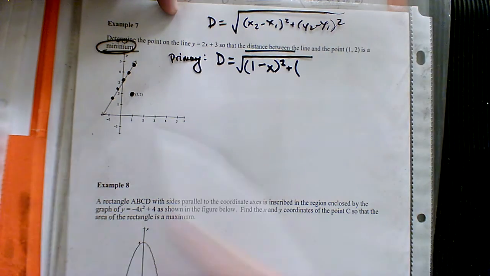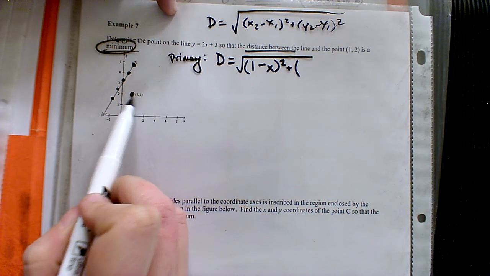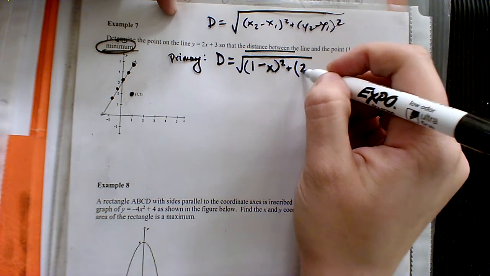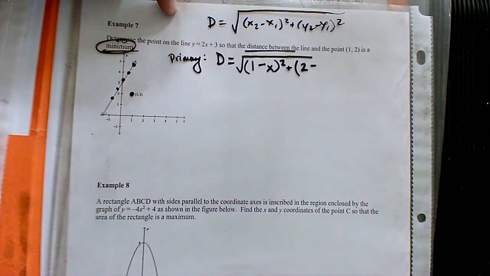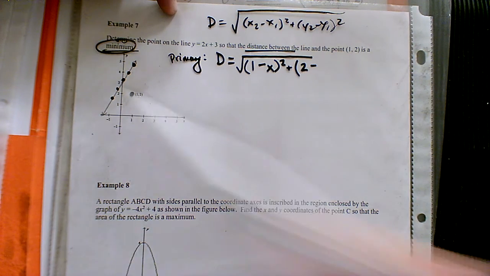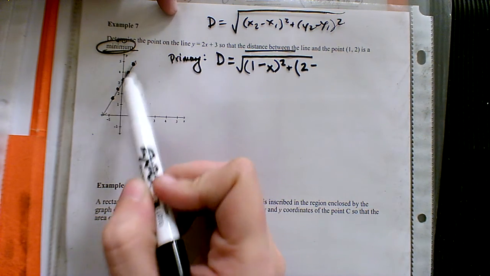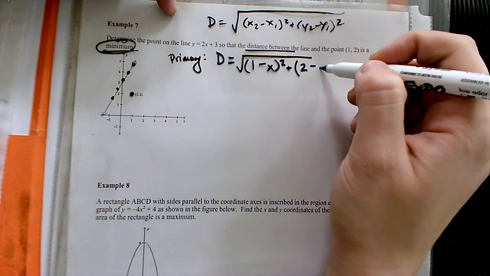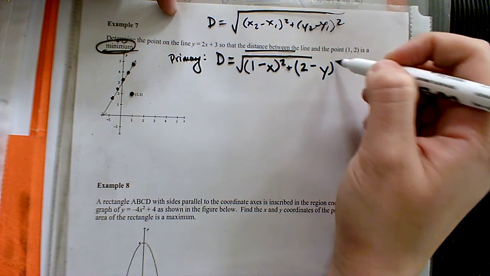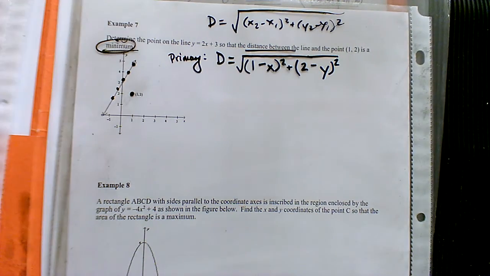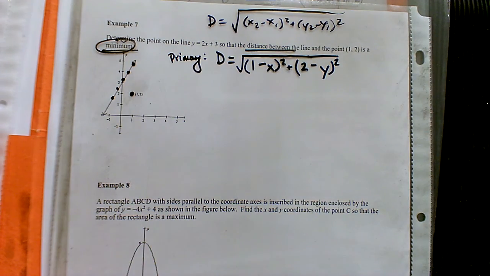Then we'll add the y value from the point off the line, which would be 2, and then we got to subtract the y value from the point on the line, which we don't really know because that's what we're trying to find, so we'll leave it as y. So this is the main equation that we're eventually going to have to take the derivative of, solve critical point, sign chart, that whole jazz.